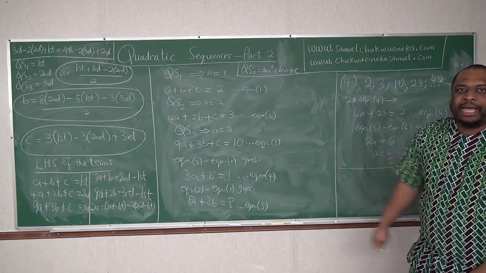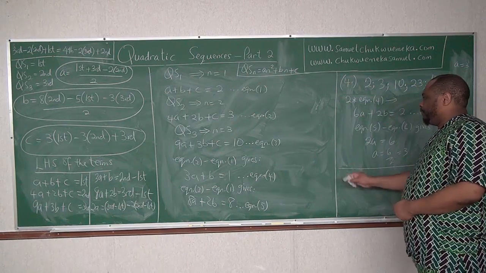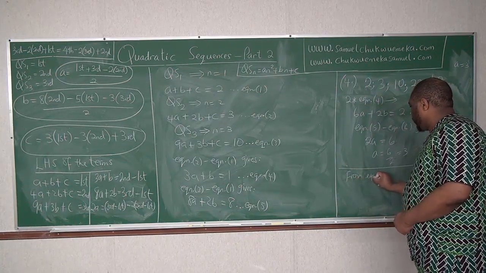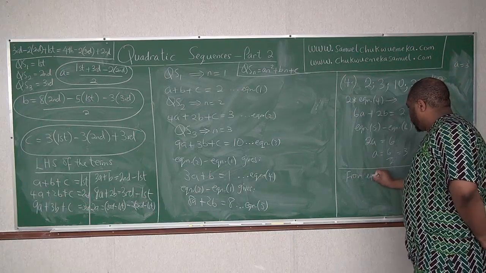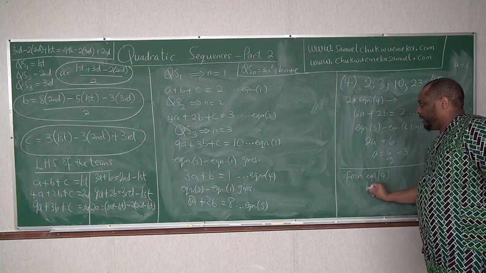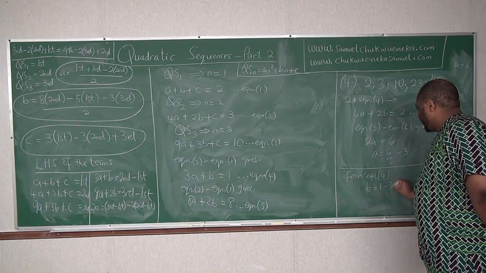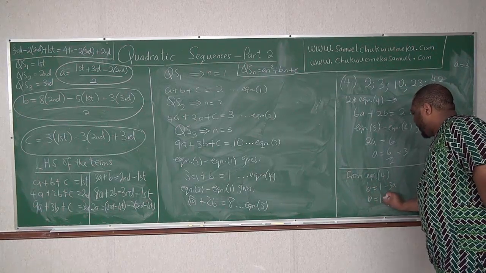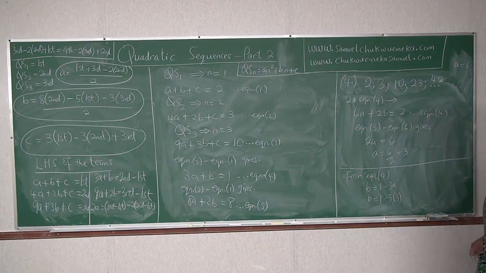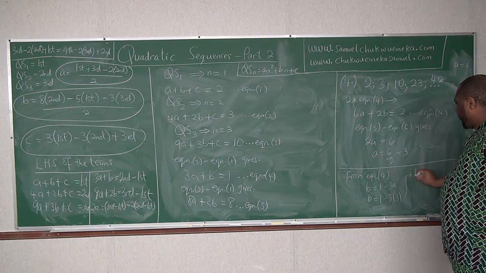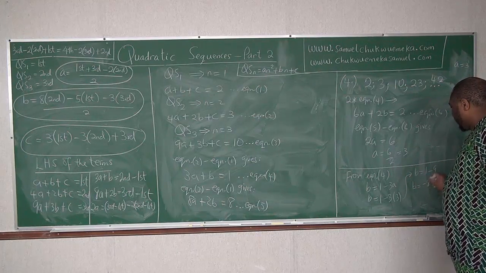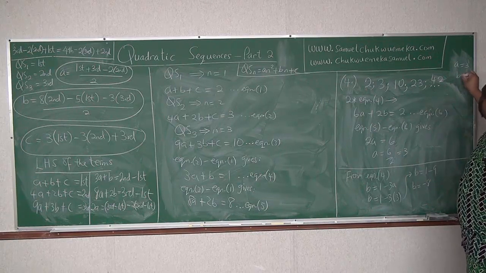From equation 4, b is 1 minus 3a. So b is 1 minus 3 times 3, which is 1 minus 9, b is minus 8.